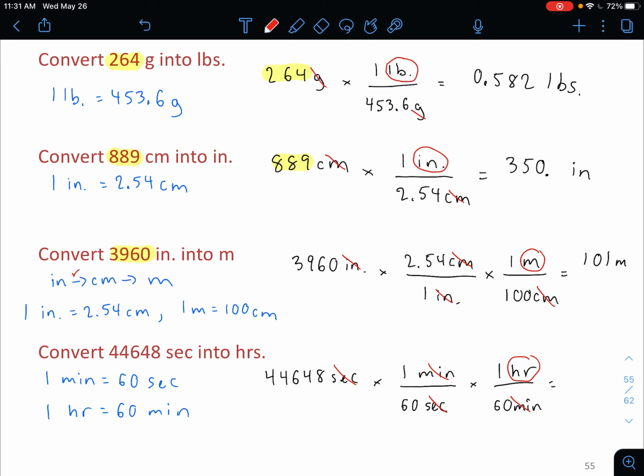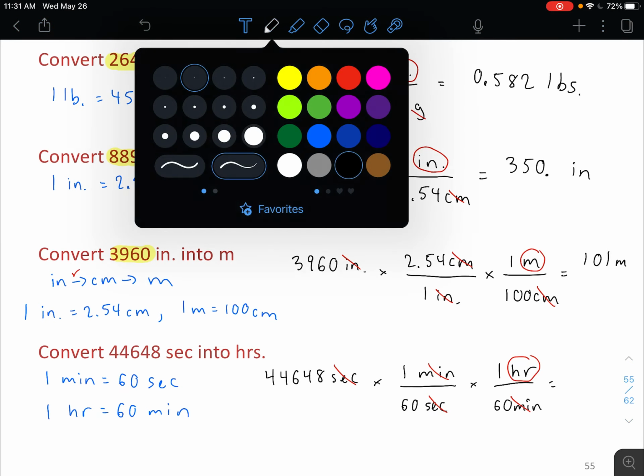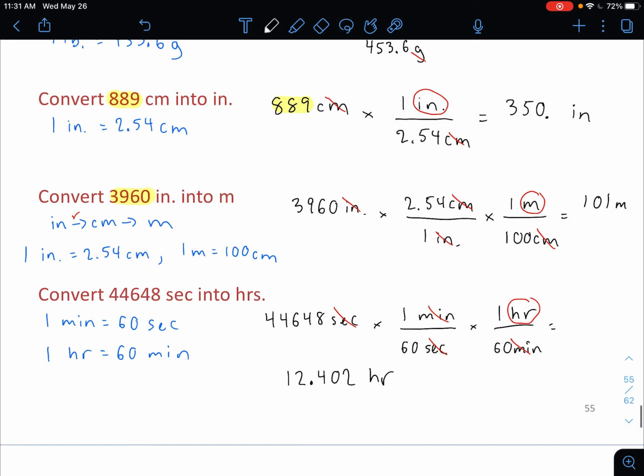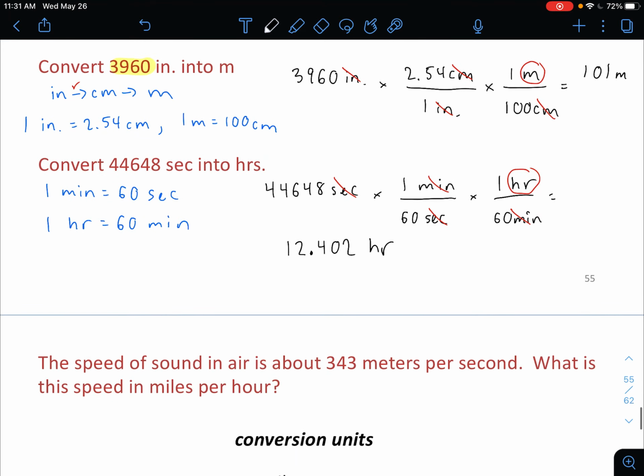So to get 5 significant figures, it would be 12.402 hours. Okay, so those are our kind of single level conversions. So make sure you feel comfortable with those before moving on to the more complicated ones, but that's where we want to start.